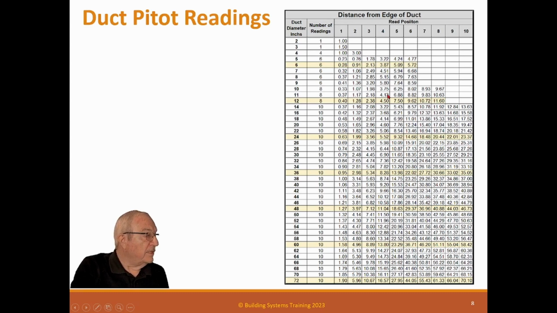So like if you have a 2 by 2 duct, you've got 1 reading, of course, that's all you've got. If you've got a duct diameter of 12 inches, so this first one is 12 inches, you're going to do 8 readings. And these are the dimensions. So you start off at 0.4 inches, 1.28 inches, 2.38 inches, and you go clear over to 11.6 inches.